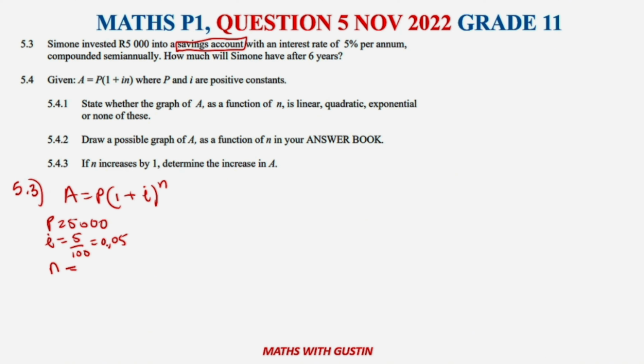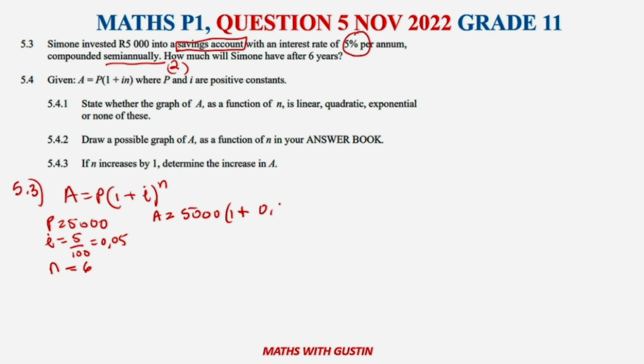So that's 6 years there. Therefore, you are going to substitute into our equation here. It's going to be A equals 5,000 times (1 plus ...). Remember, this 5% interest is compounded semi-annually, so it means you are paying this interest only twice a year. So what you need to do is split it out.